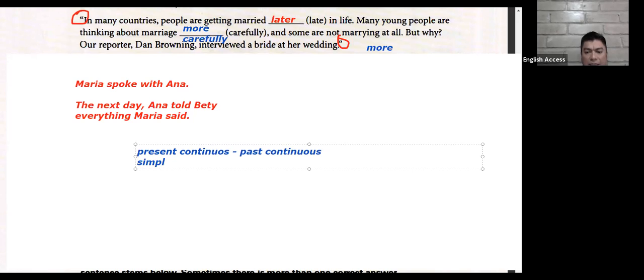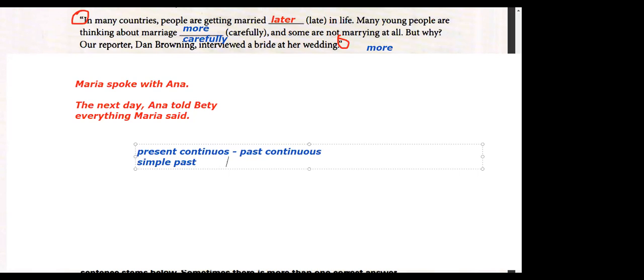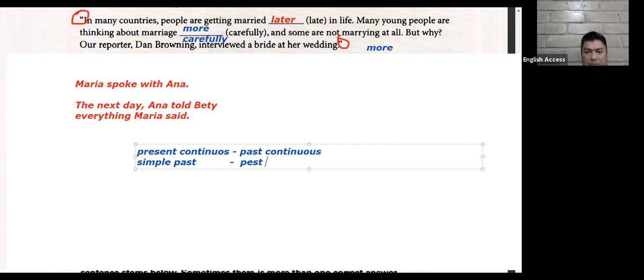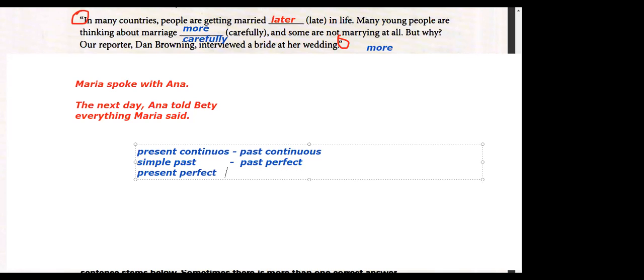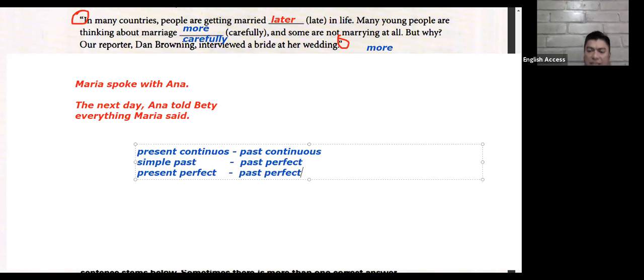And if you have simple past, what do you do? Simple past is past perfect. And if you have present perfect, present perfect goes to past perfect. Yes.